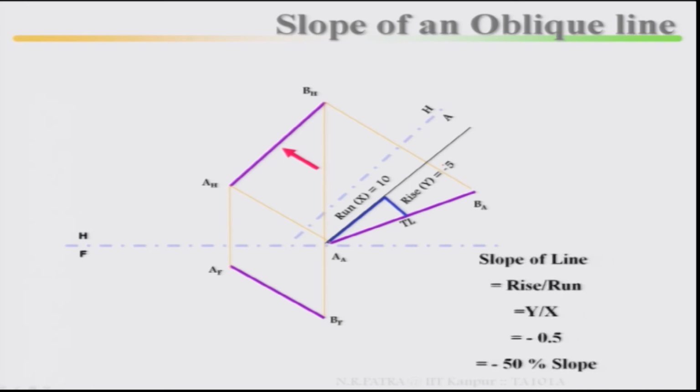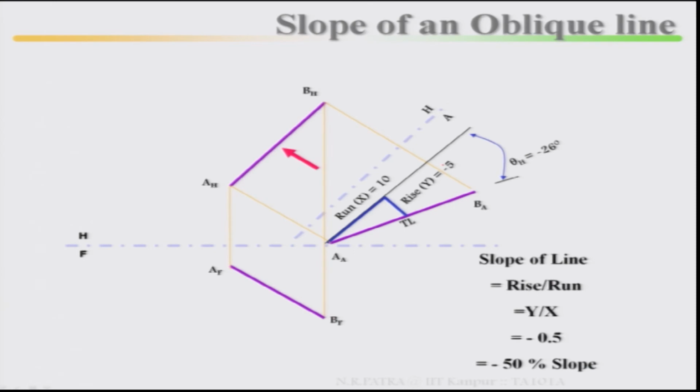Now, slope of a line, rise by run, y by x. So, it is minus 5 by 10, which is equal to minus 0.5. So, minus 50% slope, that means it is downward.